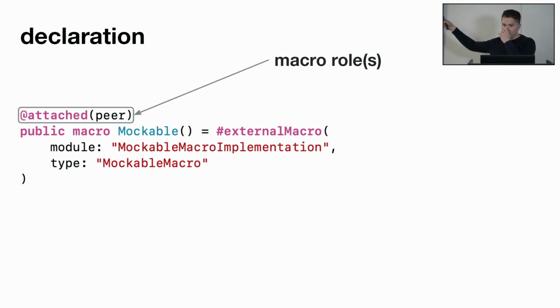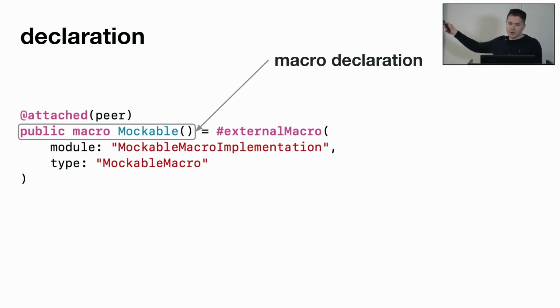Every macro needs a role. And by the way, a macro can have multiple roles. What's important is that you have to match the functionality of your macro to the appropriate roles and list all the roles your macro does. But currently we only need one role. We are only generating a peer, so we say to the compiler that this is a peer macro.